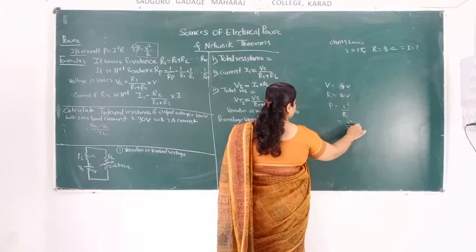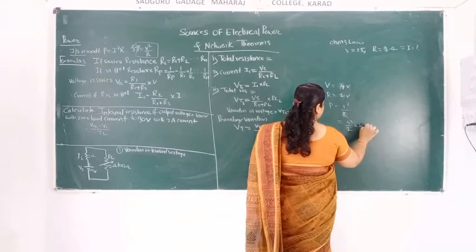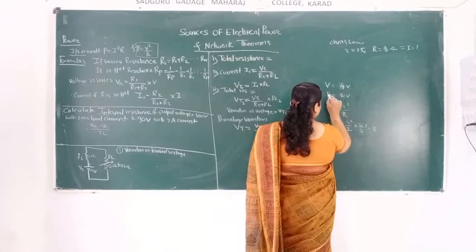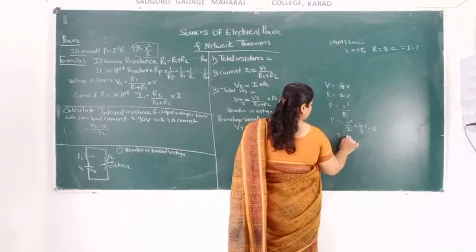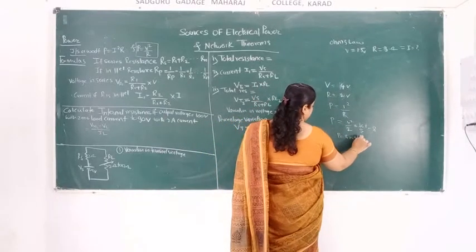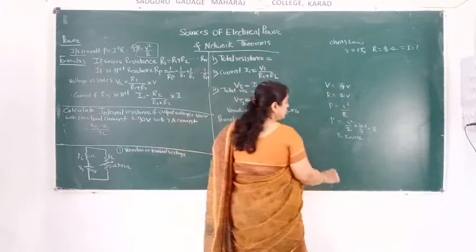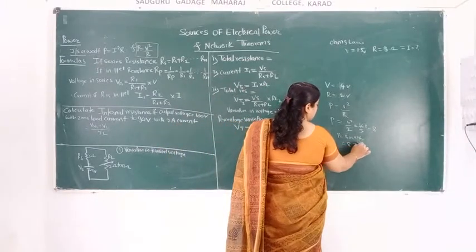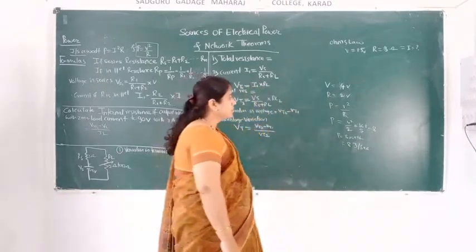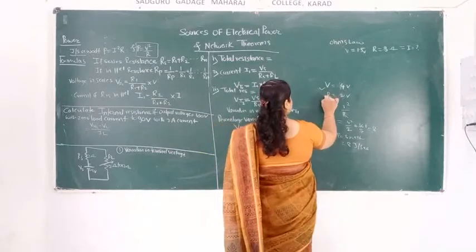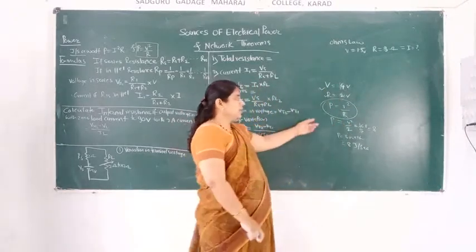It is 2. 4 square is 16, upon 2, that is 8. So P is equal to 8 watt. You can calculate it like this: 8 watt, or P is equal to 8 joule per second. Both units are correct. So if voltage and R are given, to calculate the power, take this formula.